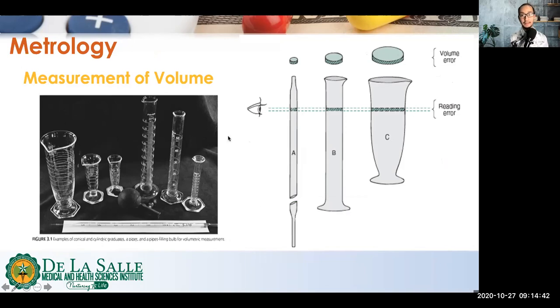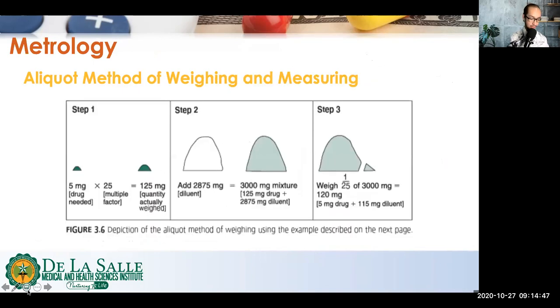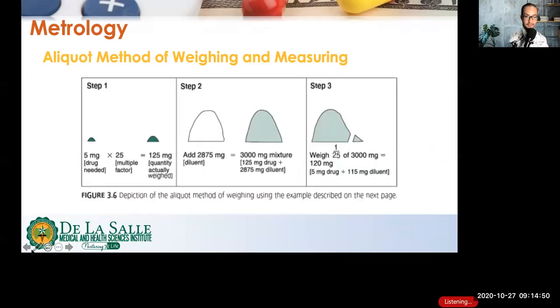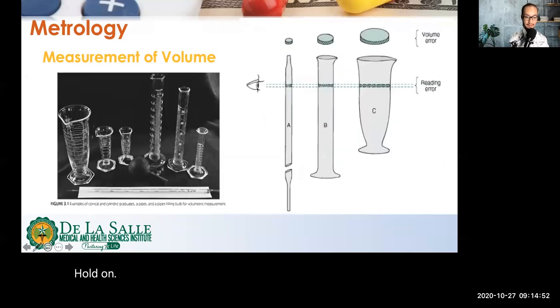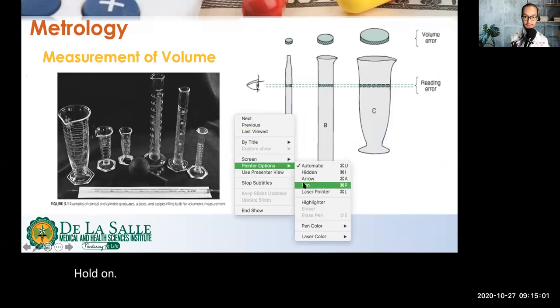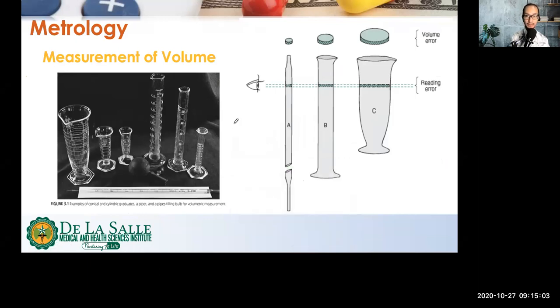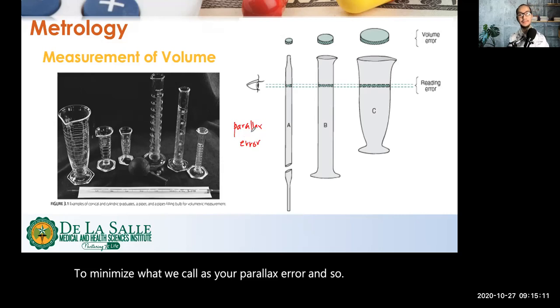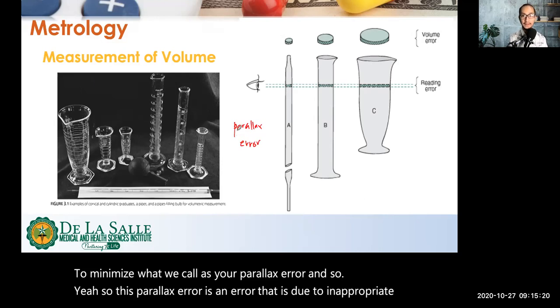And so we read measurements using our glassware at an eye level to minimize what we call your parallax error. Okay. And so this parallax error is an error that is due to inappropriate reading of the measurements.